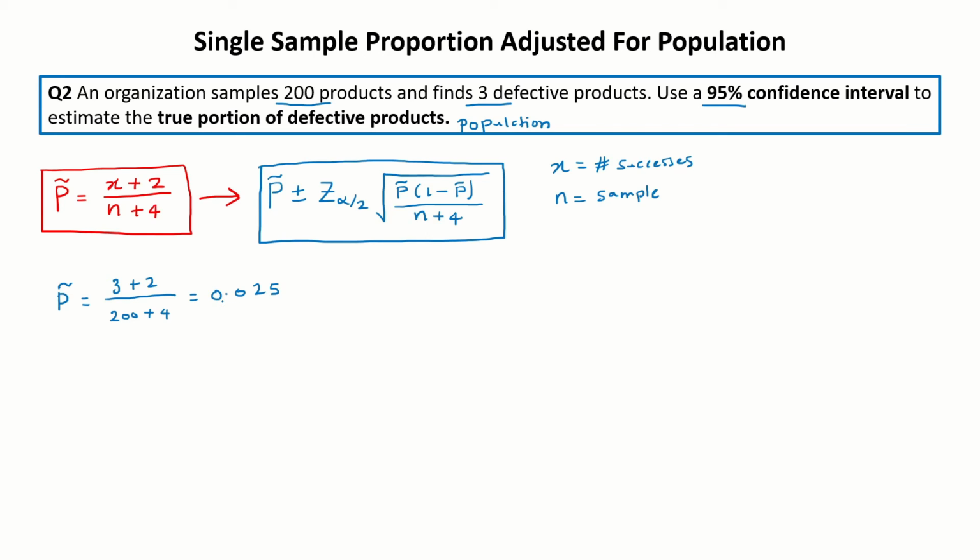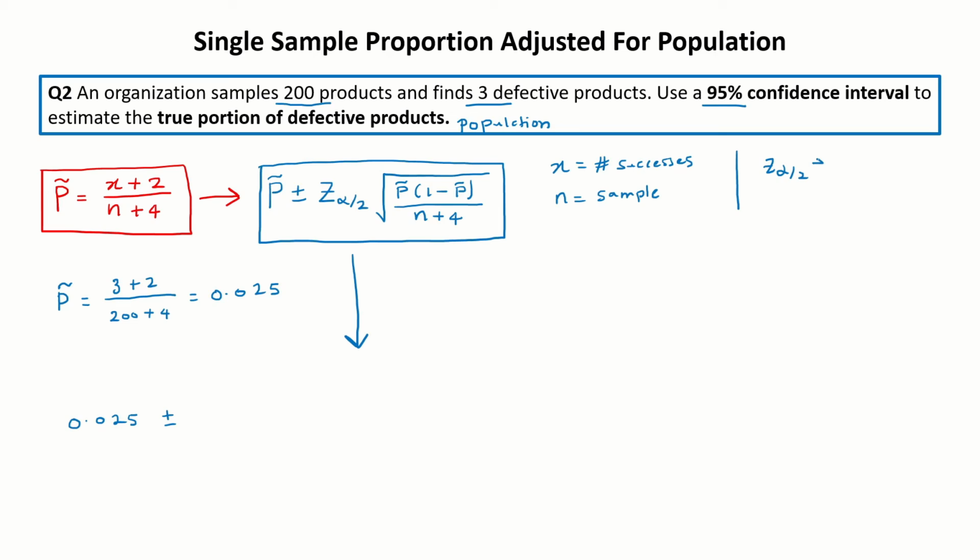So that means if you take the entire population, it's quite likely that 2.5% of the products would be defective. We can then use this in our confidence interval, which would be this equation over here. So p hat, which would be 0.025, plus minus z alpha over 2. Again, you can go and have a look at your z statistics table.